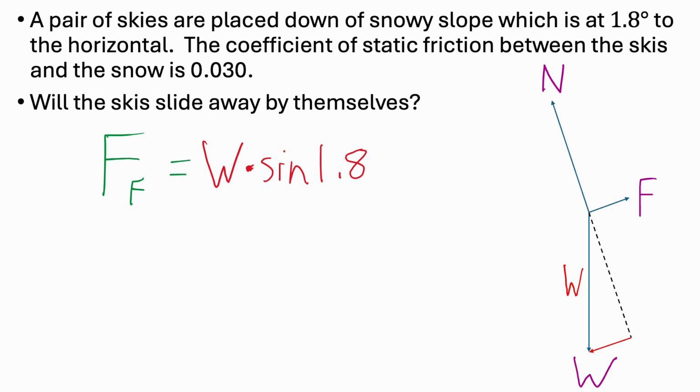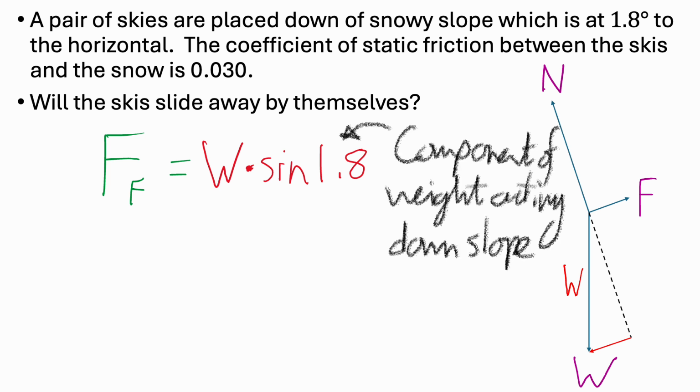And we don't know the weight, but we do know that the component of it, because the weight is the hypotenuse and that little red component is the opposite, we could figure that component out by weight times sine of 1.8 degrees. So that is the component of weight that acts down the slope. Force of static friction is calculated as mu s R, where we've got the reaction force.